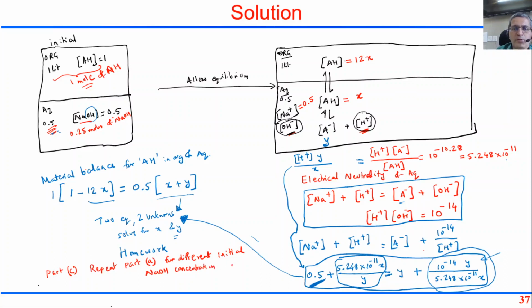So we have taken 0.5 molar. Suppose you take 0.6 molar. Suppose you take 0.7 molar. Suppose you take 0.2 molar. How the percent extraction would change? You see that for yourself.